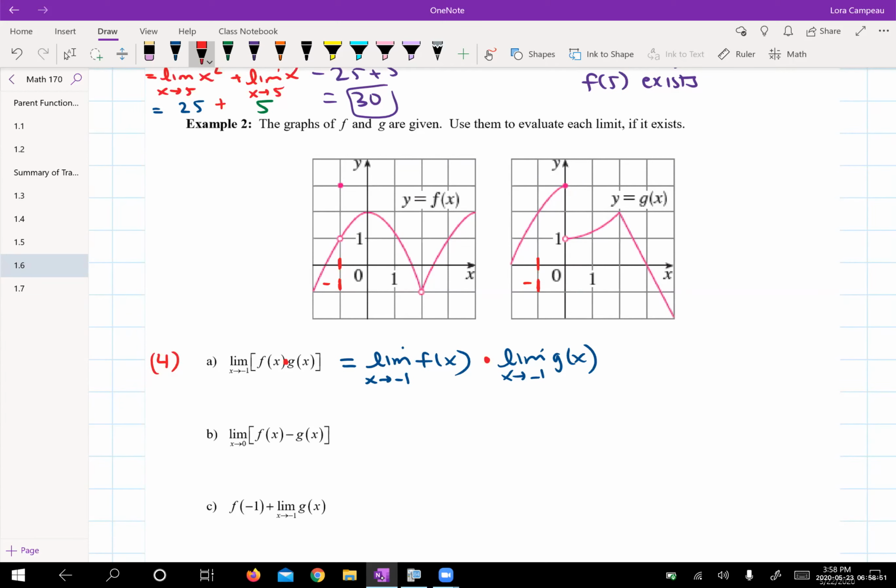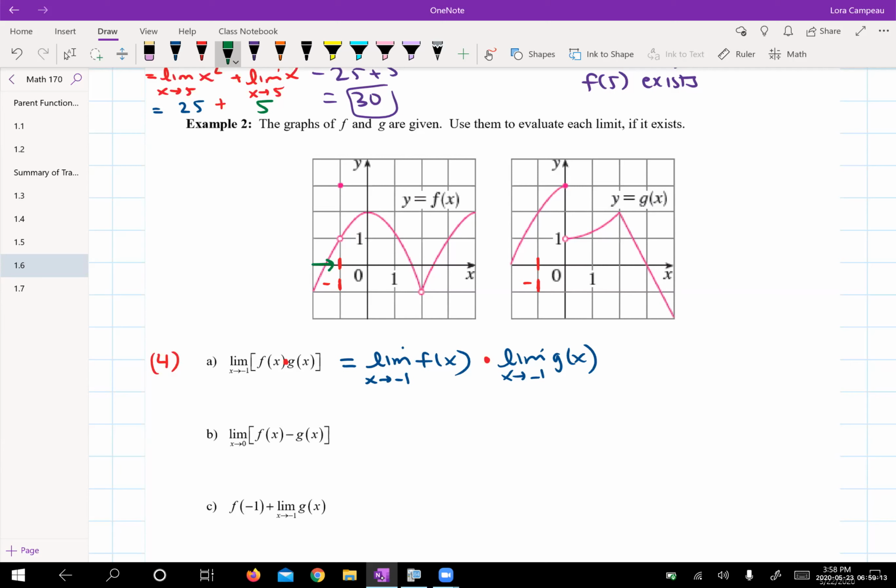And I want to figure out, as x approaches -1, what are the y values doing when we're on the f of x function? So I'll look at this in green. And remember, we're starting off by looking at what happens from the left side.